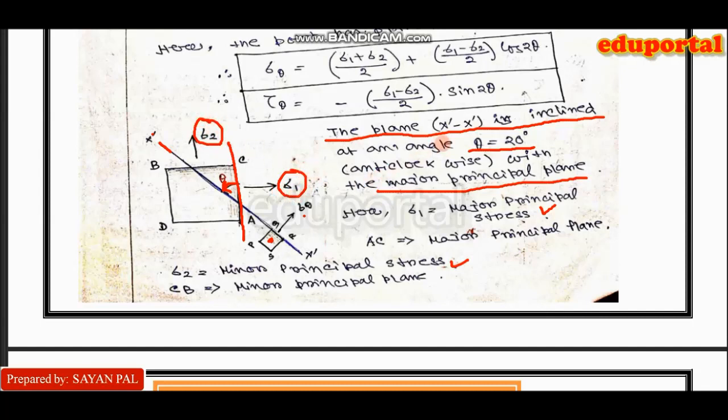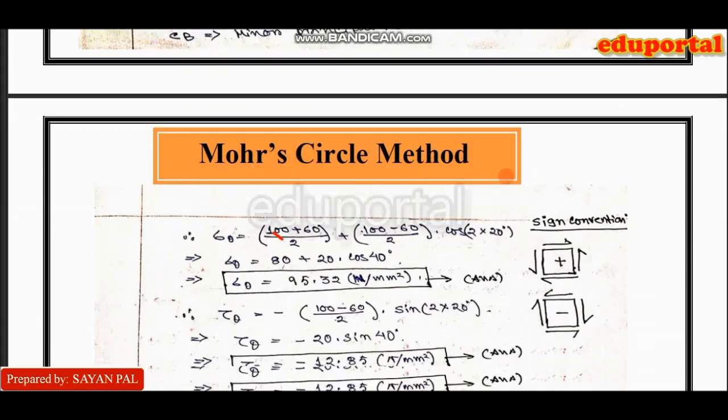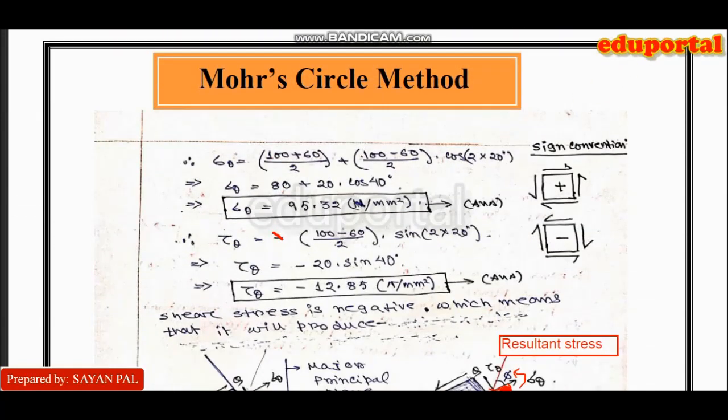Now we have to determine the stress in this plane. From the formula for sigma theta, we put in the values of sigma 1, sigma 2 and cos 2 theta.